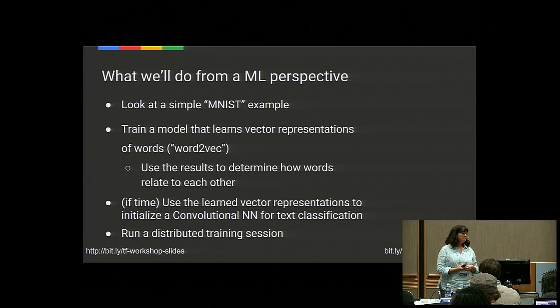And then if we have time, which I suspect we may not, we'll look at building a convolutional neural net for text classification, using the word embeddings that we learned from the word-to-vec part of the workshop. I think we won't have time for this, and we will probably have to just point you to the GitHub repo, where there's a lot of instructions. And then finally, we'll demo TensorFlow's distributed runtime running on Kubernetes.